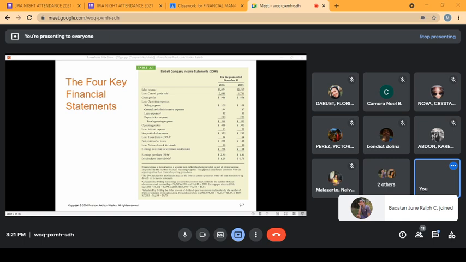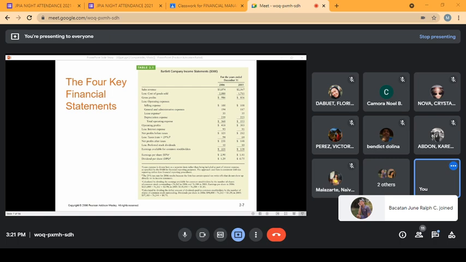Anyway, we will discuss later when we say this is an investment, this is a financing, this is an operating activity. Pero yung target lang po natin dito on this particular slide is to tell you that the statement of cash flow does not focus only on giving information on those activities, but it will also provide information related to the statement of comprehensive income and statement of financial position.